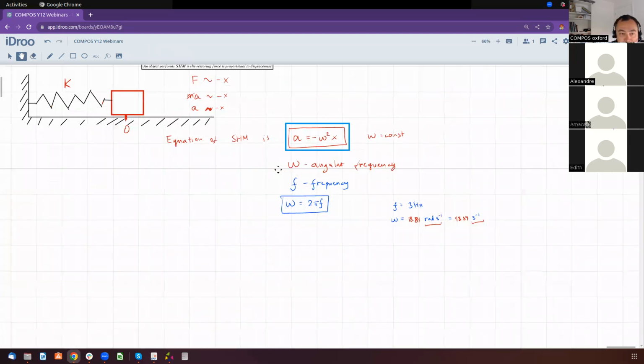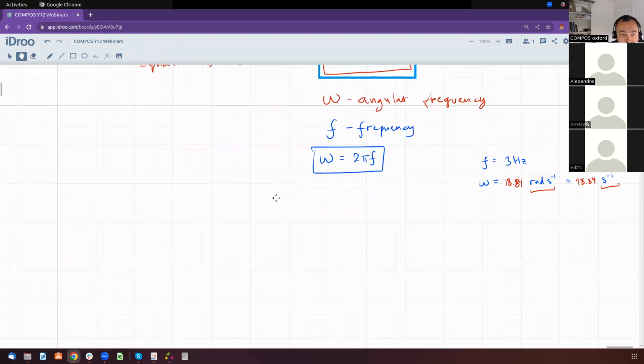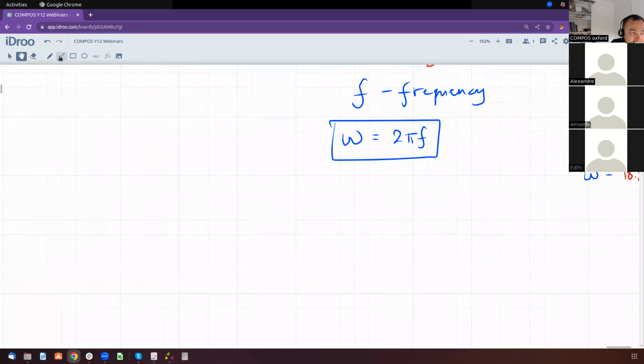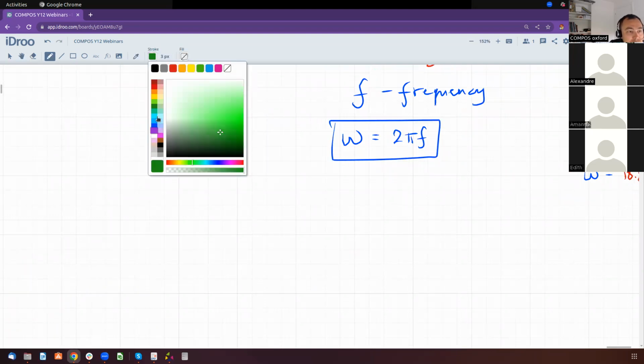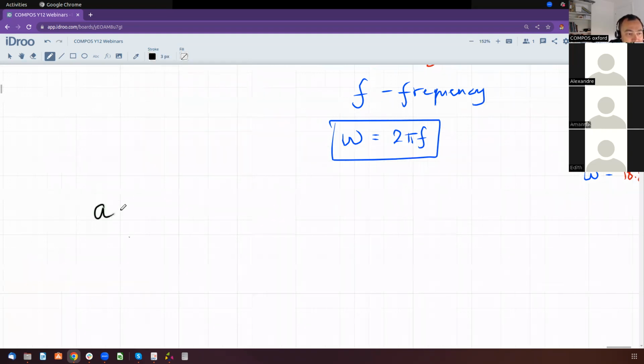We know that acceleration is the derivative of velocity with respect to time, dv/dt, so it can be written as v dot.